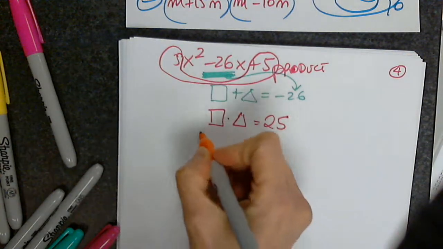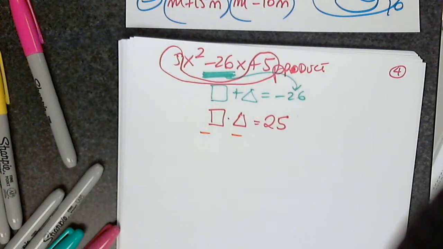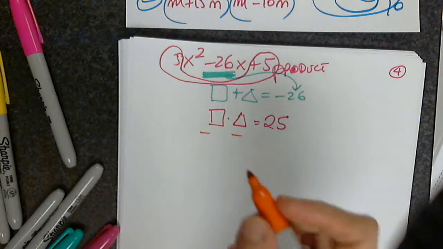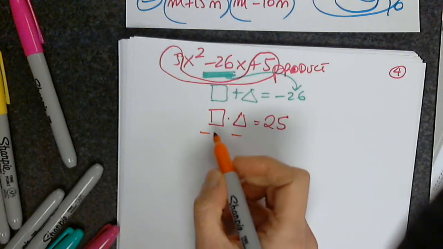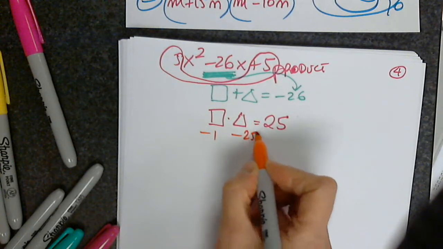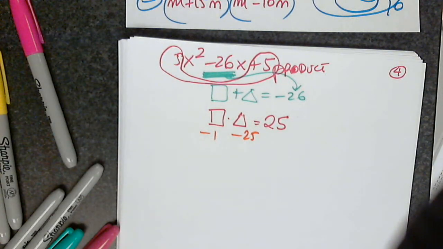Very good. So let's find two negative numbers whose product is positive 25, but whose sum is negative 26. 25 times 1? Yes, negative 1 and negative 25. The product is 25, the sum is negative 26.